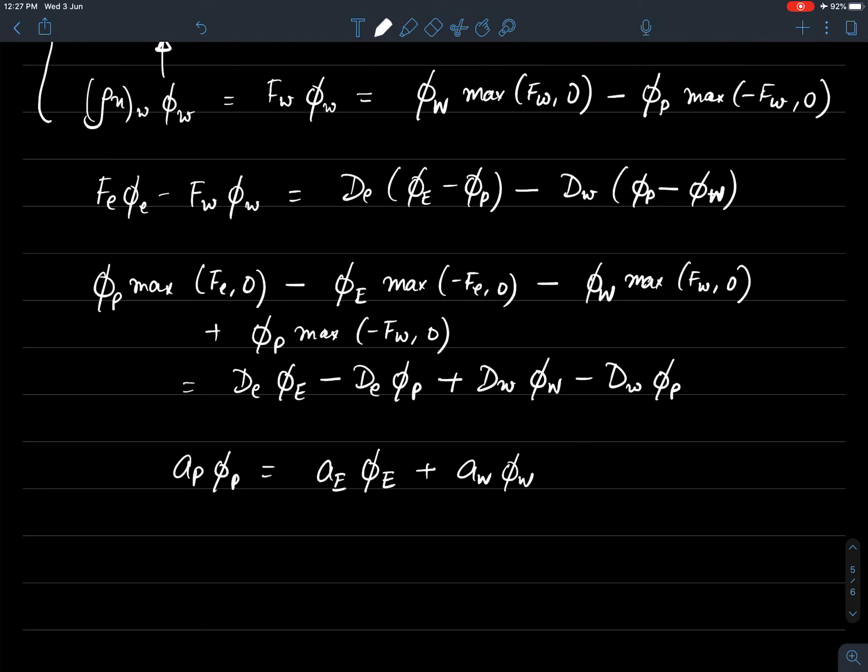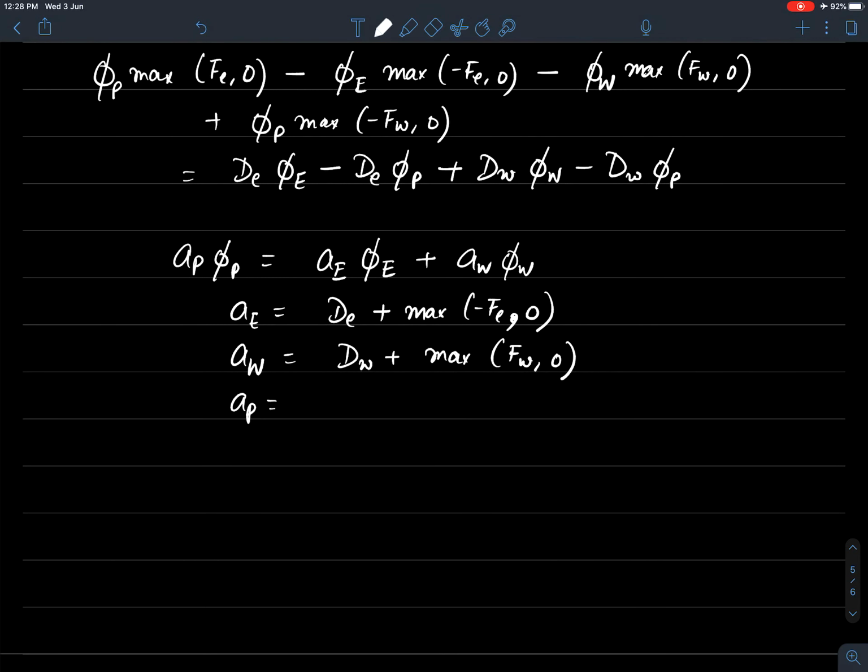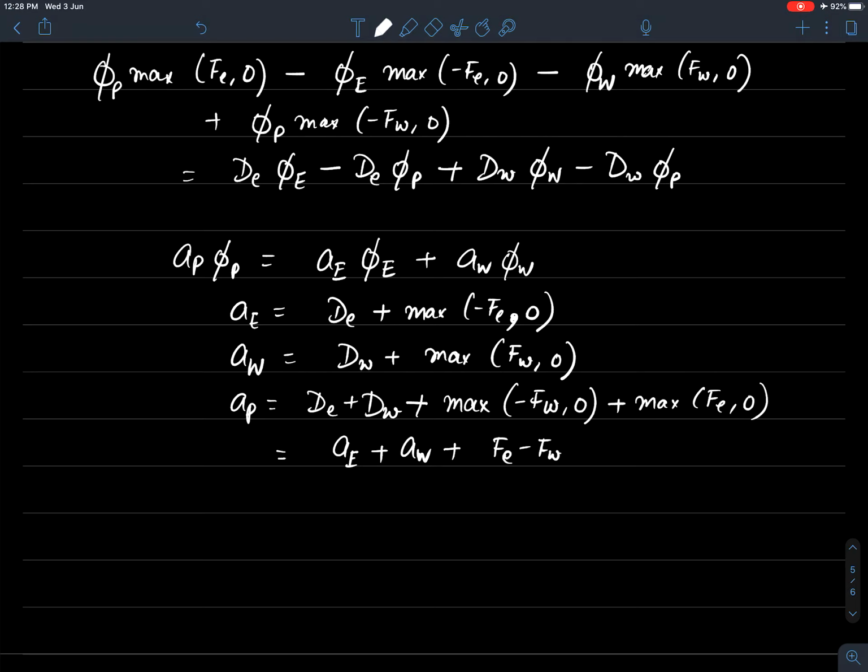So AP phi p is AE phi e plus AW phi w, where AE will be DE plus max of minus FE comma 0, AW will be DW plus max of FW comma 0, and AP will be DE plus DW plus max of minus FW comma 0 plus max of FE comma 0, which, if you rearrange, you could write as AE plus AW plus FE minus FW.